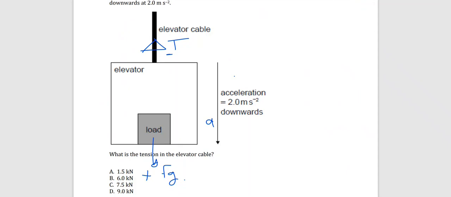In Newton's second law, F net equals mass times acceleration. What are the forces acting on the object? I have Fg down, positive, minus T, negative, which will equal ma. Now the value of mg will be mass times free fall acceleration.